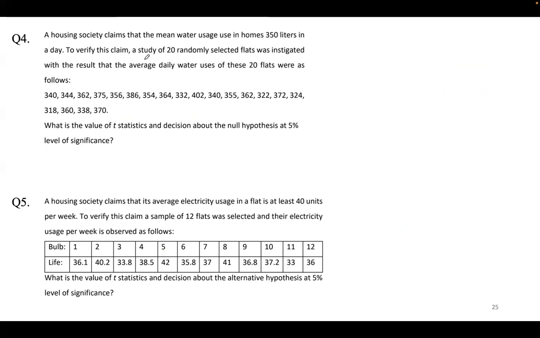Yeah, so again, this fourth question is very similar to the previous question that we just saw. Again, this is equal to n. This is your sample. This is equal to mu. You can calculate x bar from here. You can also calculate s from here.